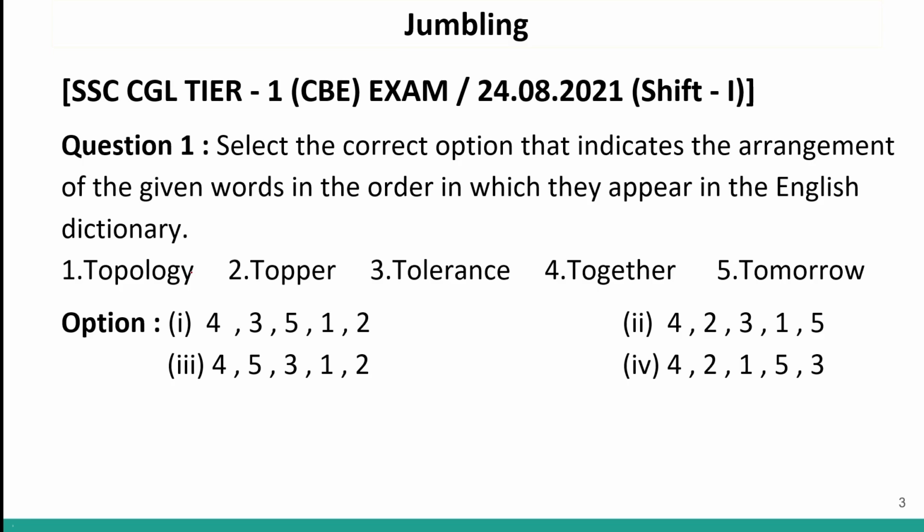We are given 5 words: topology, topper, tolerance, together, tomorrow, and we have to arrange them in the English dictionary order. English dictionary order means increasing order, or it can also mean alphabetical order.